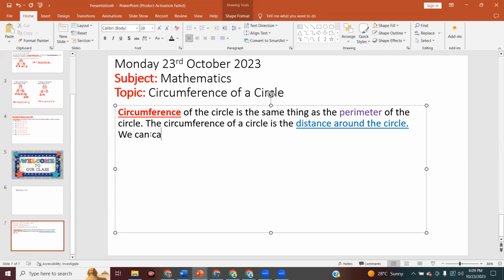We can calculate, that's probably a better word to use, the circumference of a circle by using a special formula.